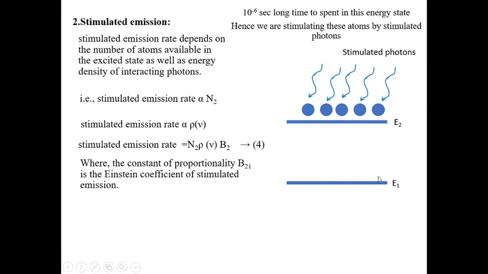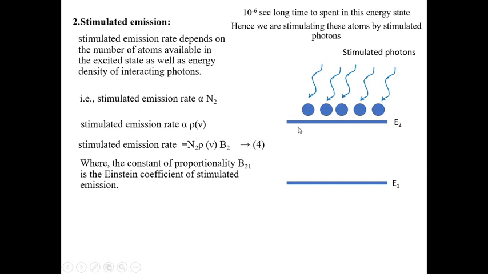This is another transition. This transition is called what? Stimulated emission. So the stimulated emission rate depends on the number of particles existing in E2 energy state. However many particles there are, that many particles are going to be stimulated and they are coming to ground state. That is why the rate of stimulated emission depends on N2.